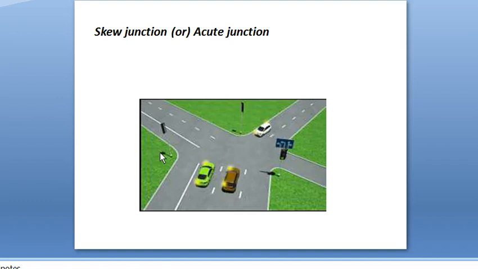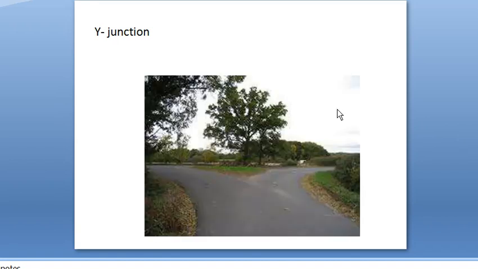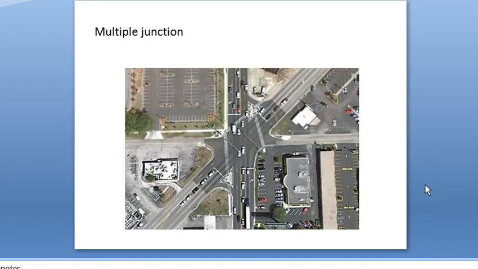In skew or acute junction, the angle at which two roads meet will be acute, so it is known as acute junction. In T junction, the intersection will be in the shape of T. In the case of Y junction, it will be in the form of Y. And last one, multiple junction: at the junction there will be so many roads, more than four roads, meeting. These are the different types of unchannelized intersection.